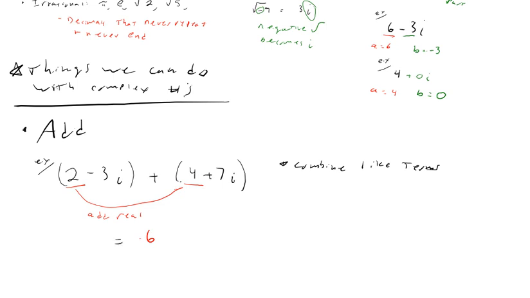Add the real parts. And my imaginary parts, I'm going to add those together as well. Add the imaginary. -3. Remember, this is a negative number. The -3 part. Don't forget the negative. -3 plus 7. 7, 6, 5, 4. That's going to be plus 4i.